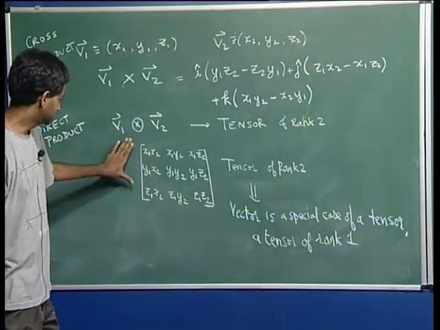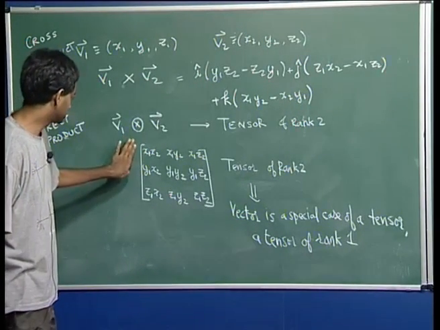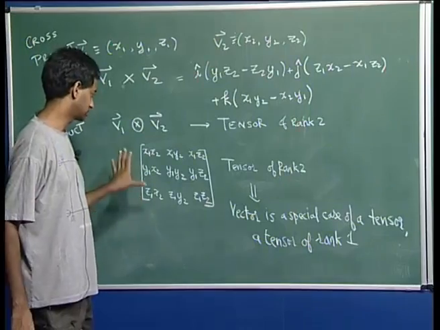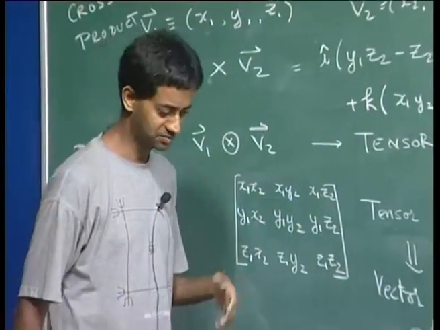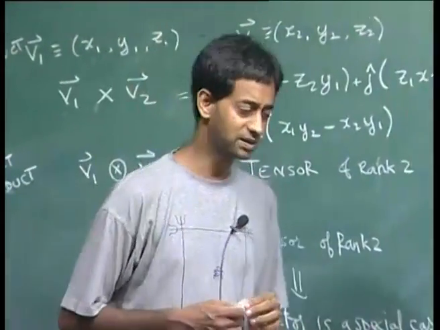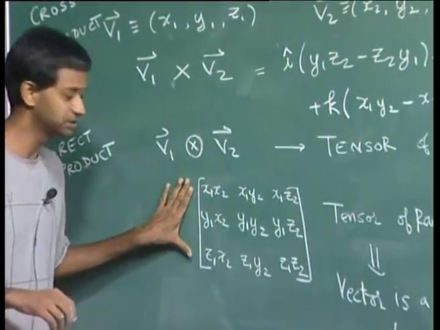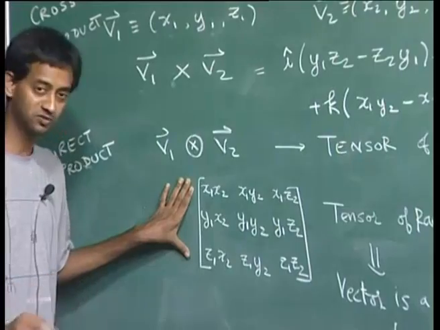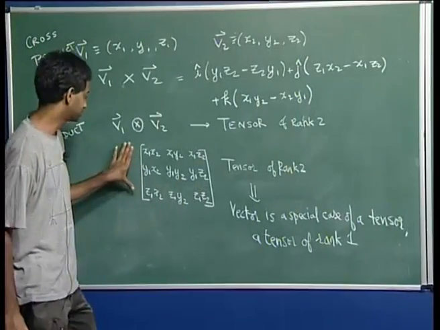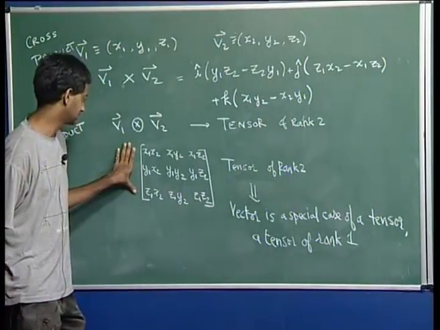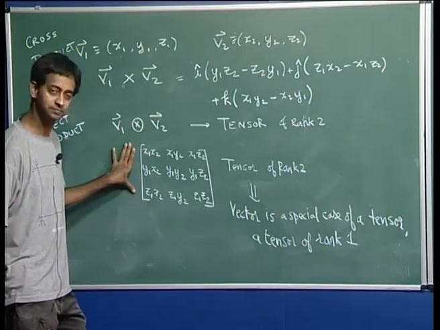in chemistry applications we usually restrict to tensors of rank 2, 3 or even sometimes 4. There are two prominent places where you will see tensors. One is the moment of inertia tensor, which appears when you are analyzing the rotations of a molecule.